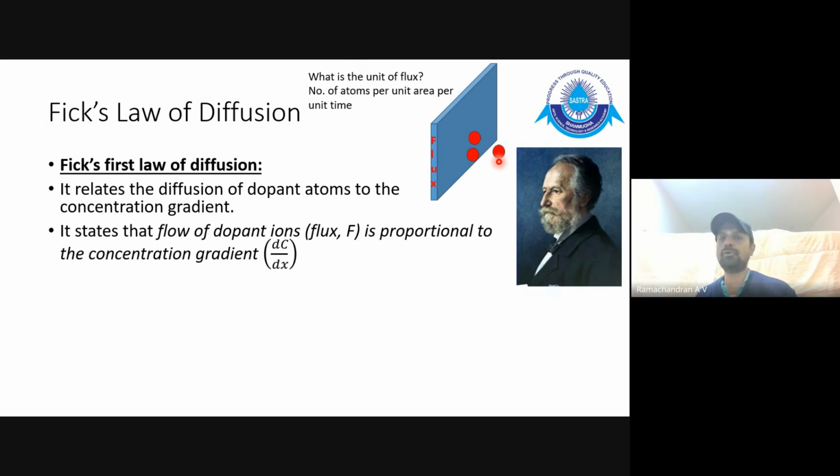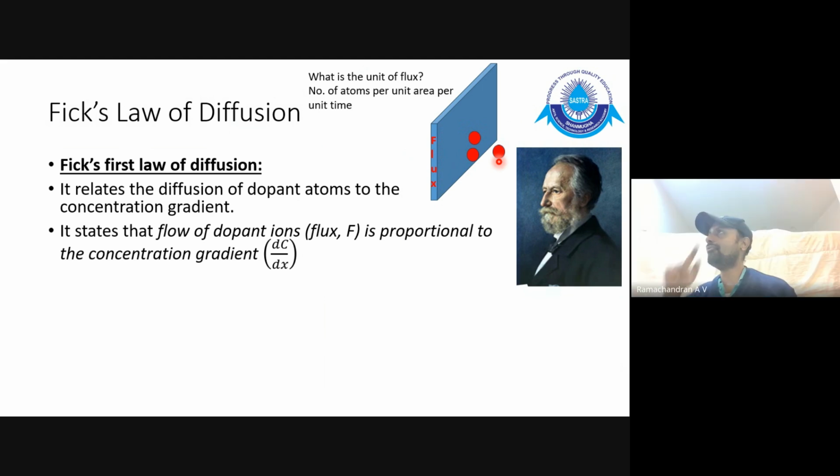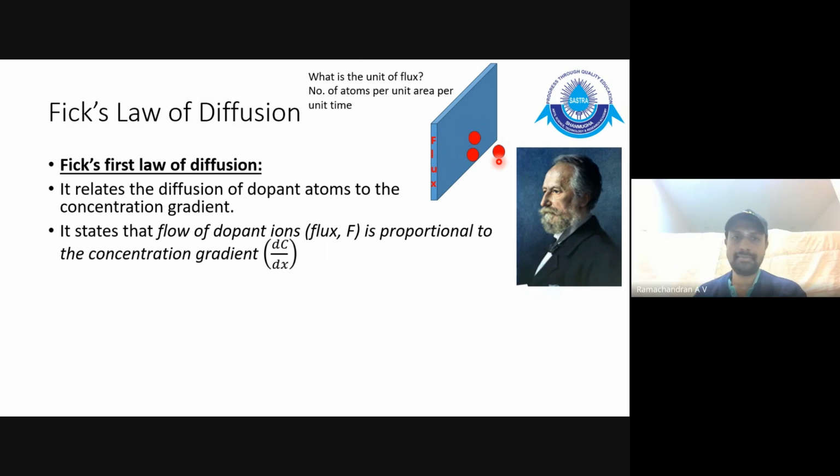Exactly, directly proportional. For flux, let's use the variable F. So F is directly proportional to dc by dx. Please write F directly proportional to dc by dx.